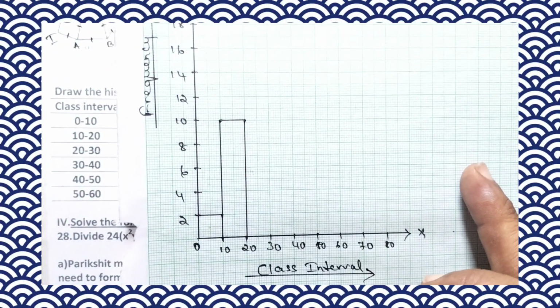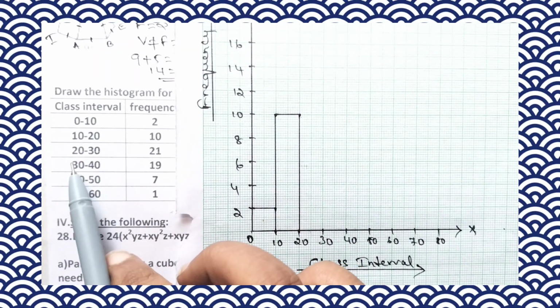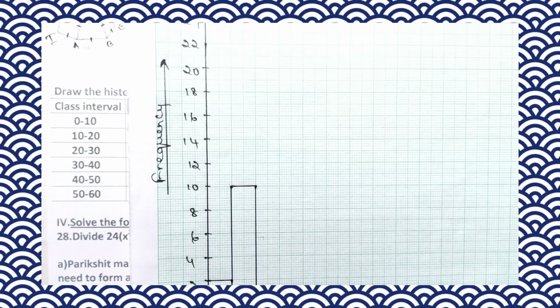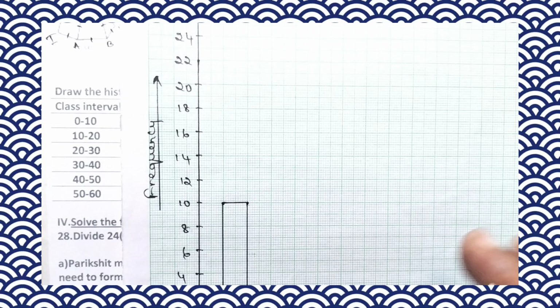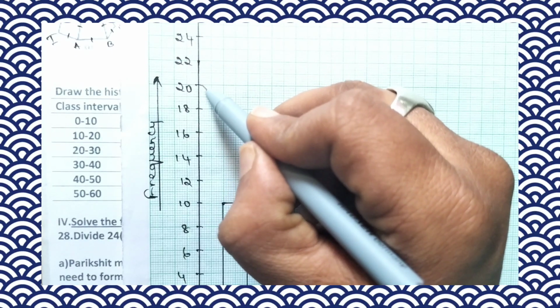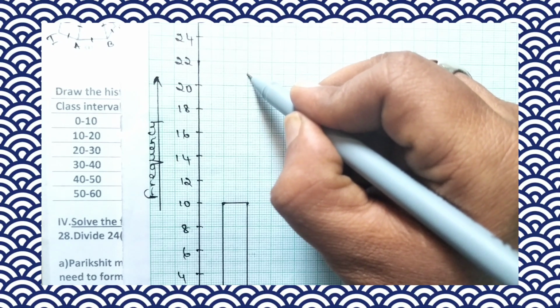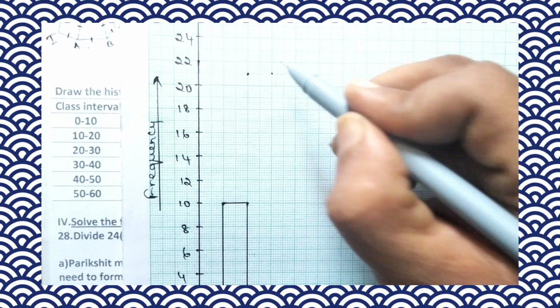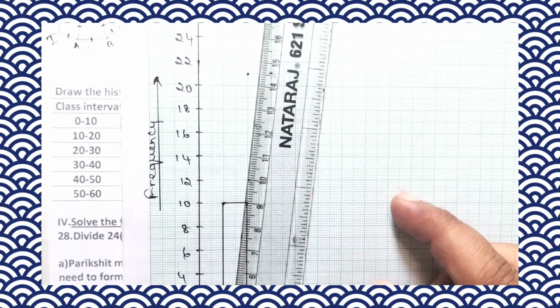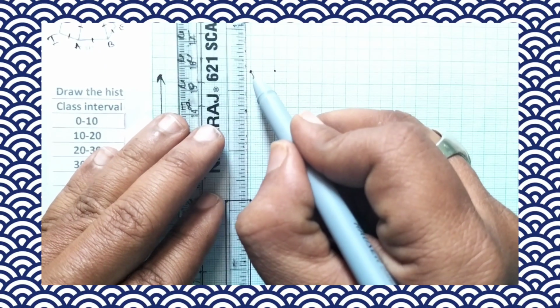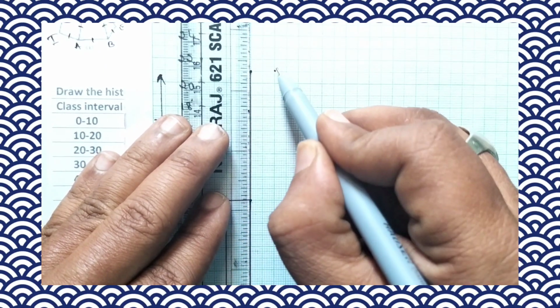Next, after that, 20 to 30 is 21. 21 lies between 20 and 22. Mark it here. 20 to 30 is 21. So mark it like this and draw.